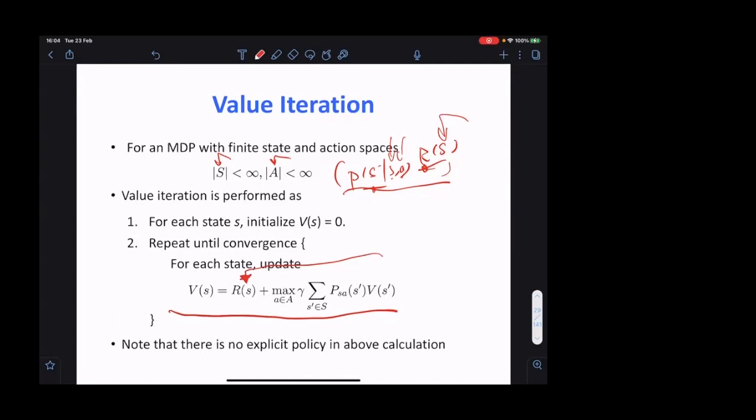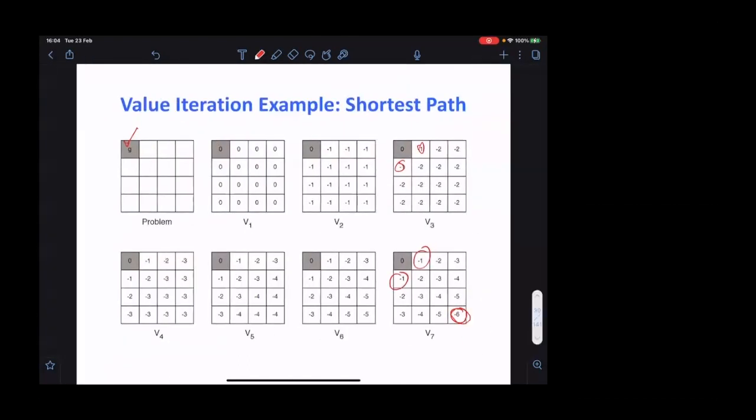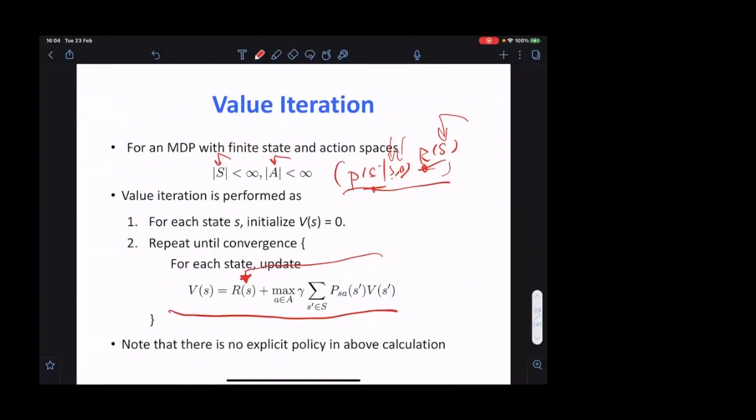Think about it: when you try to update, I'll have a good example later, but just to make sure that you understand intuitively. Each time you do the update, you're looking at the future, and you receive the rewards you get in the current state. In this case, it's really like one step, whether that would reach the goal state or not.